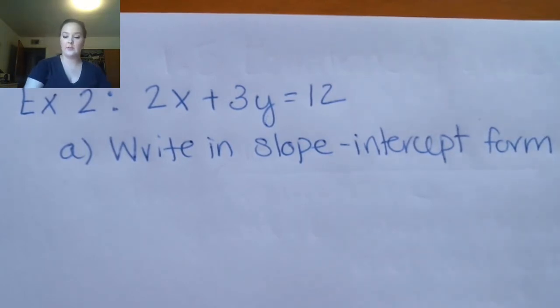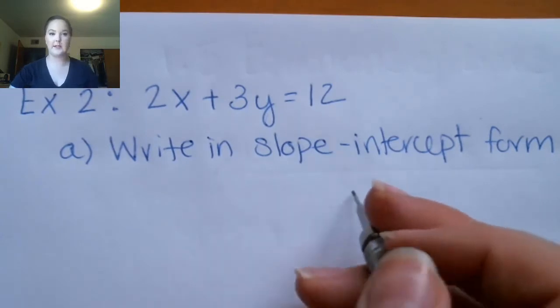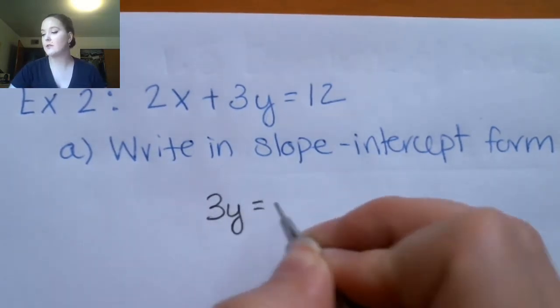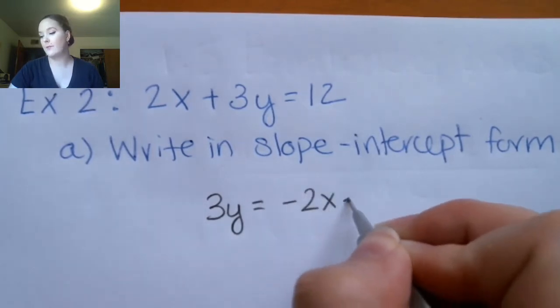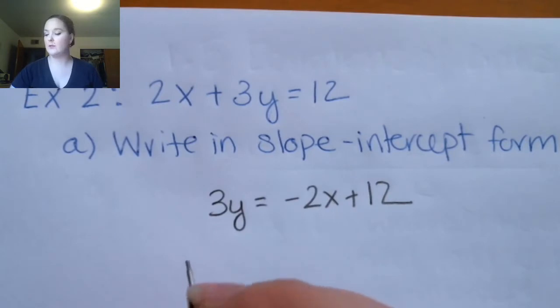Okay, so let's do that now. So first, we're trying to isolate y, right? That's the main feature of this form. So we're going to subtract 2x from both sides. Okay, and then we're going to divide both sides by 3.